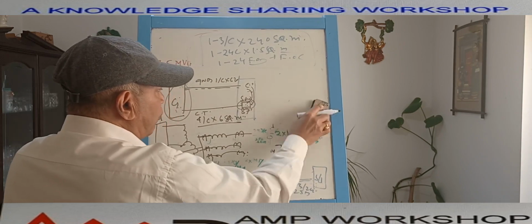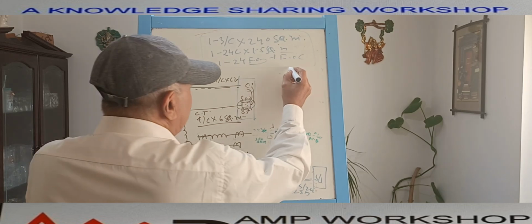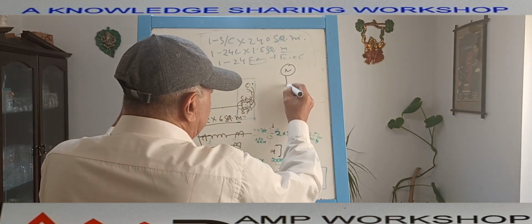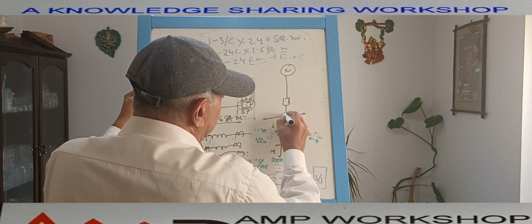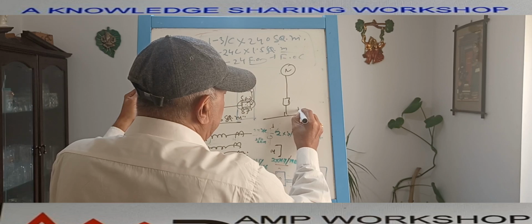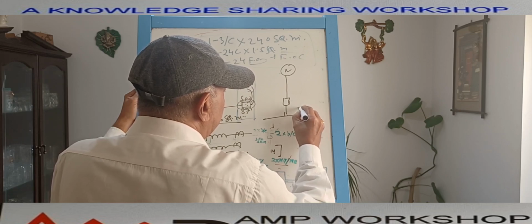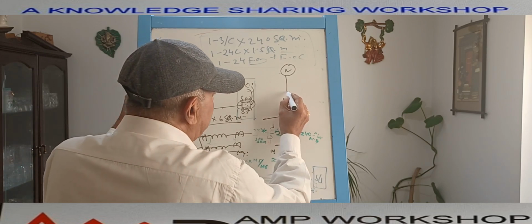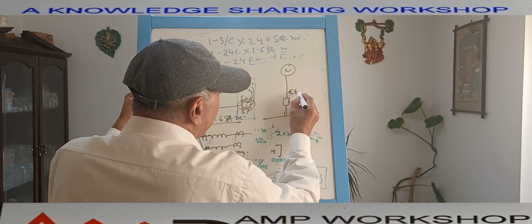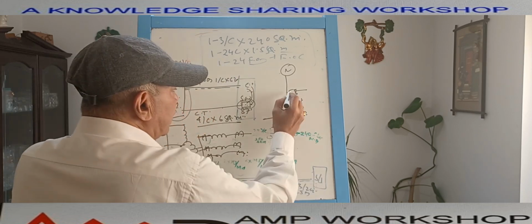Suppose this is the generator and it is coming to the switch gear breaker, and this is the switch gear bus bar. There is a PT over here, and before the breaker there is a PT over here. This is what we call the line PT.